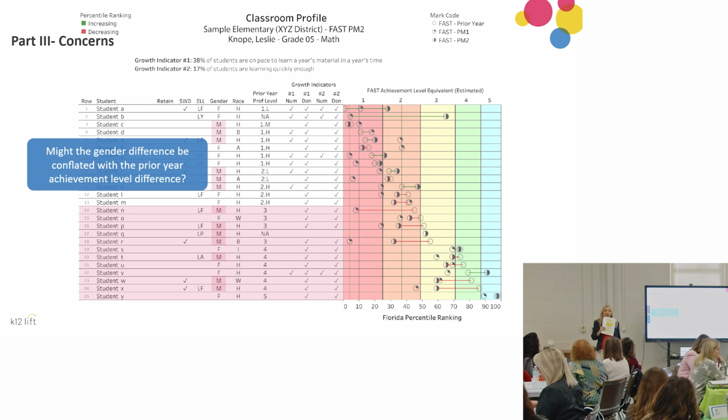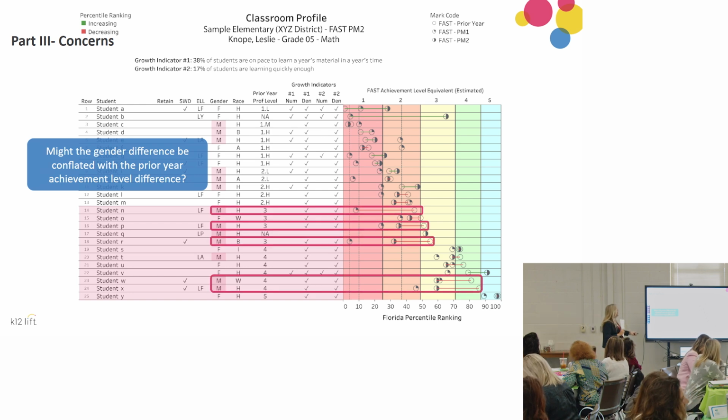But they are on pace to learn a year's material in a year's time, and they're male. So it's not all males, but the males that are in this 3, 4, 5 level, you are seeing red. There's definitely a relationship there, right?